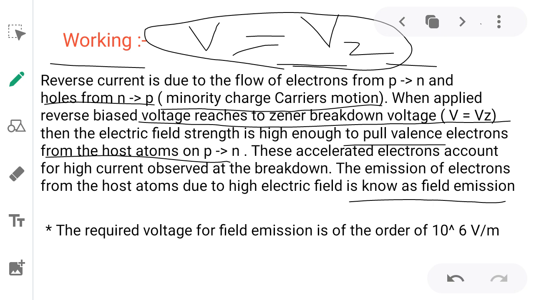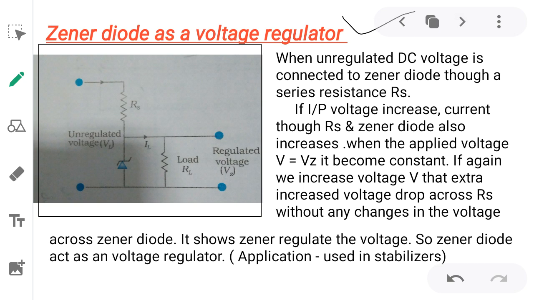This emission of the electron with the help of electric field, they named it field emission. The required field for the field emission is of the order 10 raised to 6 volt per meter. As I already said, it's a special characteristic: Zener diode acts as a voltage regulator.